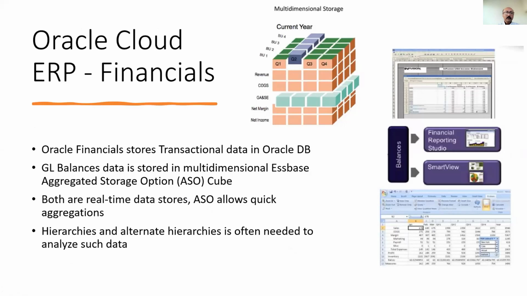So moving along, what are some other changes that have happened as we have moved to the cloud application? We saw that in the on-prem world, where we talked about EBS, PeopleSoft, and so on, the underlying database was primarily relational. And we still used to have multidimensional or Essbase-like applications, but they were primarily for the Hyperion family of applications like the planning application. But the core ERP application relied on a relational database.